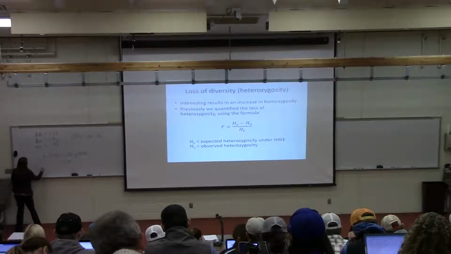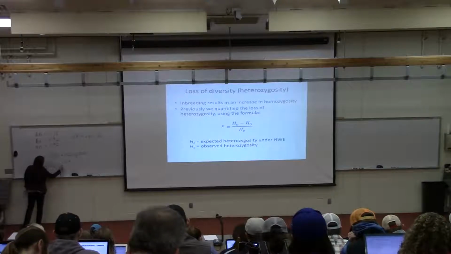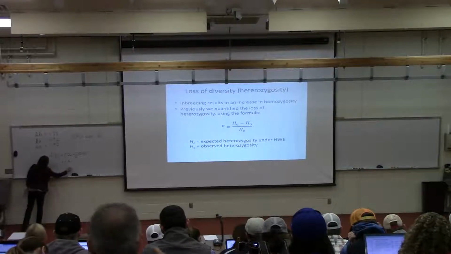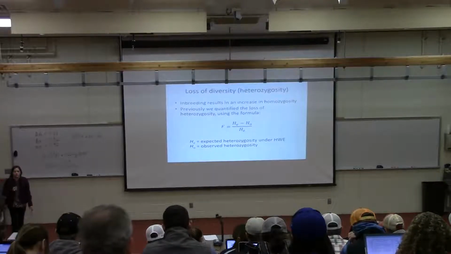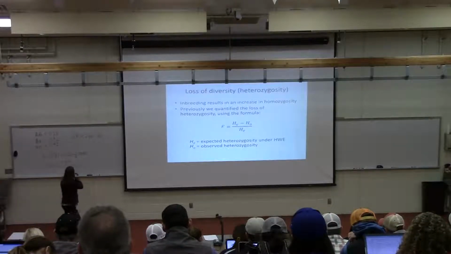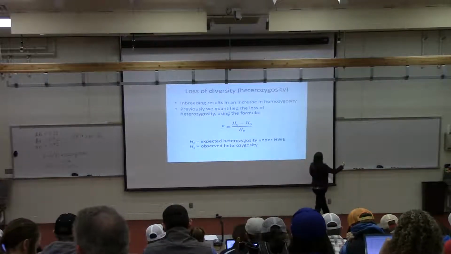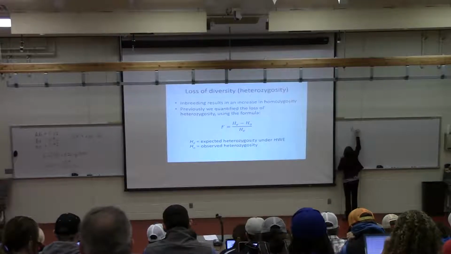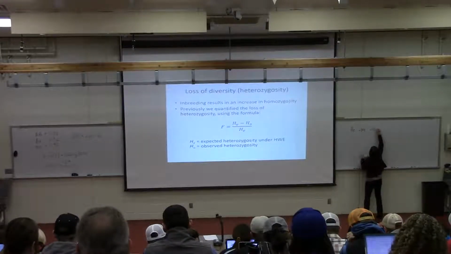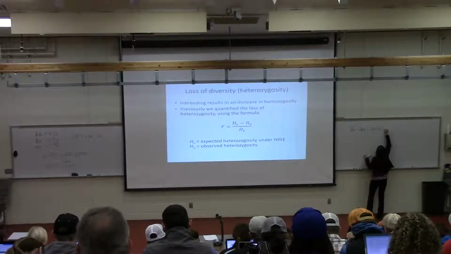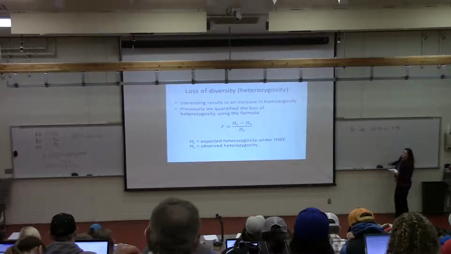Okay. My Q then, my frequency of my little a, quickest way, right? 1 minus 0.4, 0.6. Okay. So then my expected heterozygosity, if our good friend Hardy-Weinberg's law holds up, 2PQ, 2 times 0.4 times 0.6, 0.48.